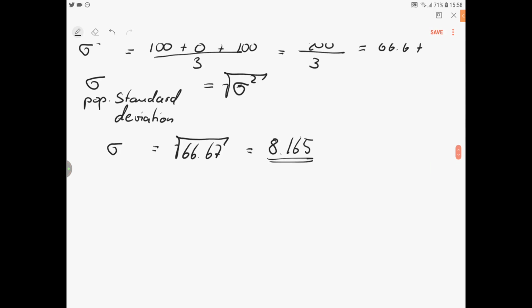So now we've characterized our population and our data. We have a mu of 20 and a spread in terms of the standard deviation of 8.165.